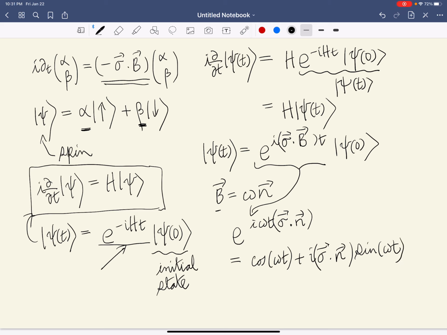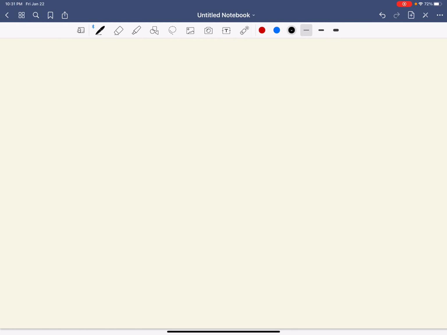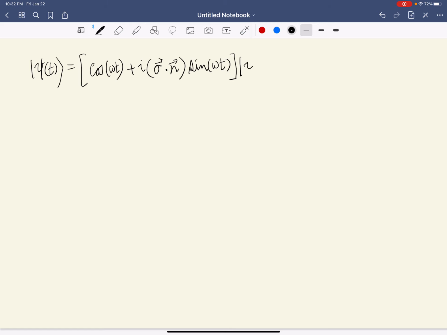So then psi of t is given simply by cosine of omega t plus I sigma dot n multiplying sine of omega t, acting on the initial state.